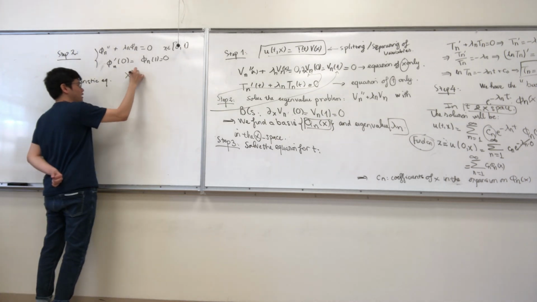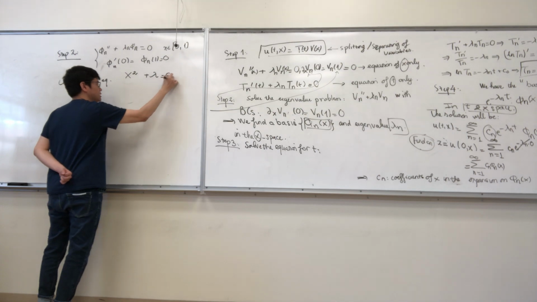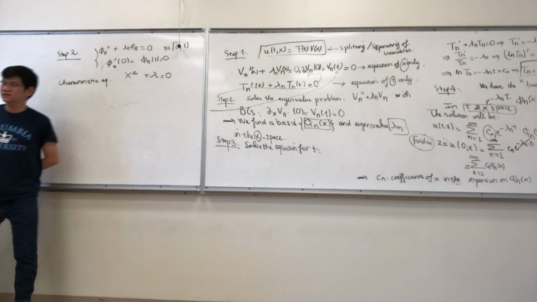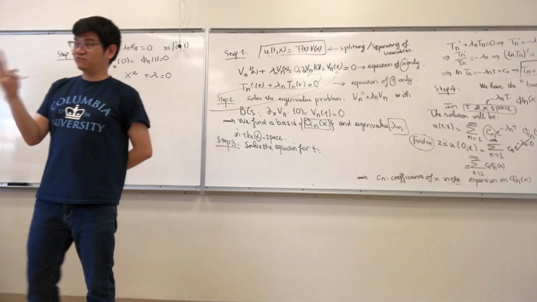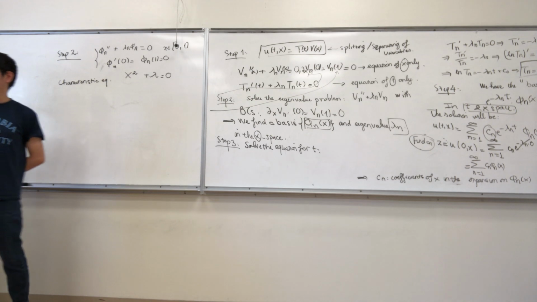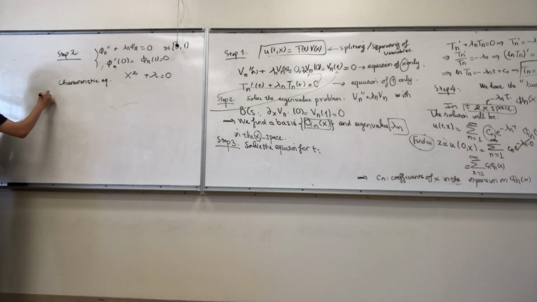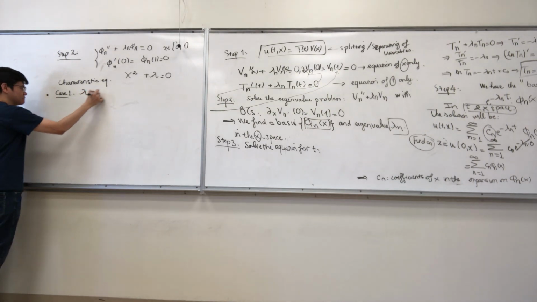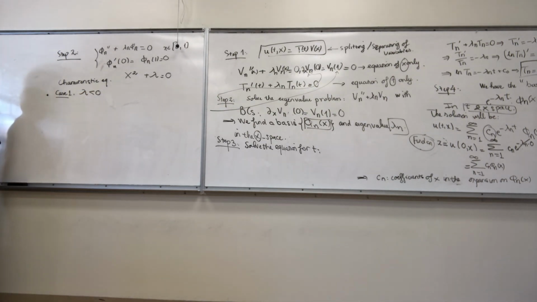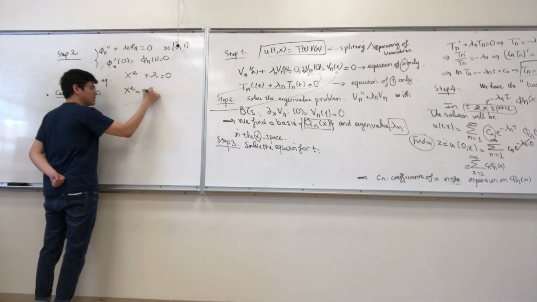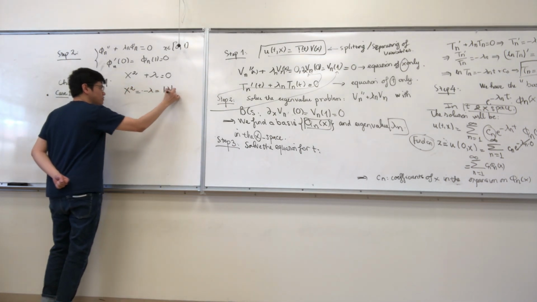So you have r squared plus lambda is 0. This means that we have 3 cases, and only 1 case gives you the eigenvalues and the eigenfunctions. Case number 1, lambda is negative. When lambda is negative, r squared will be minus lambda, which is the absolute value of lambda.